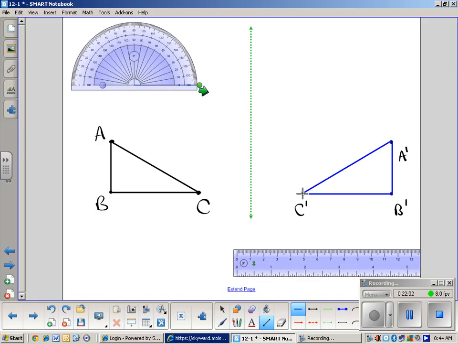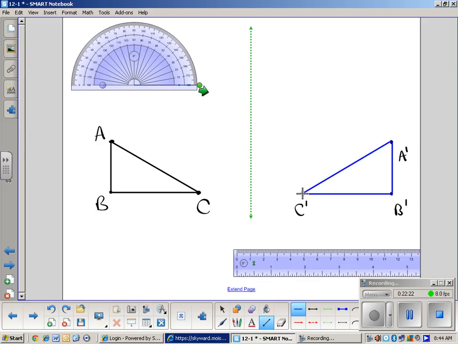Now I do have little things called reflectas, or mirrors I mean. And we can do it a little different way, but the reason I want you to do a few of these this way is I want you to understand the rules that go along with a reflection.